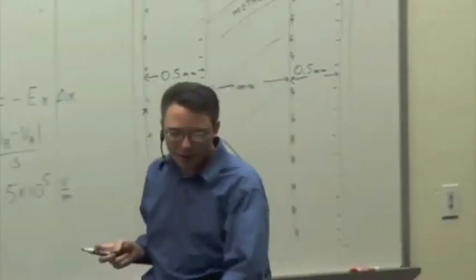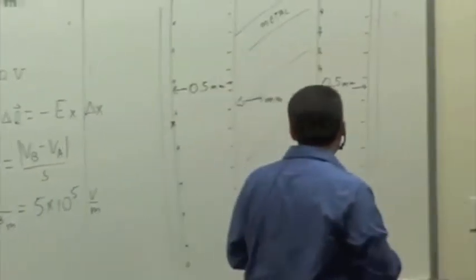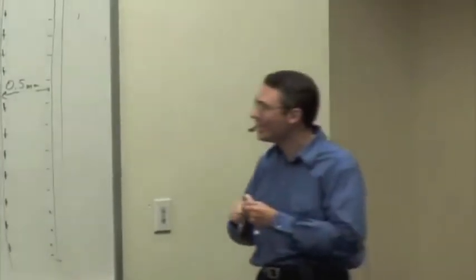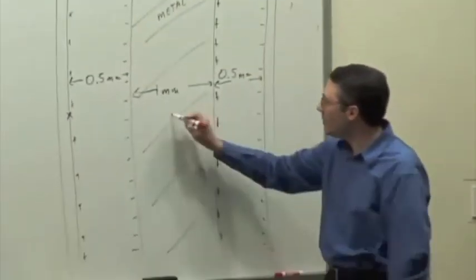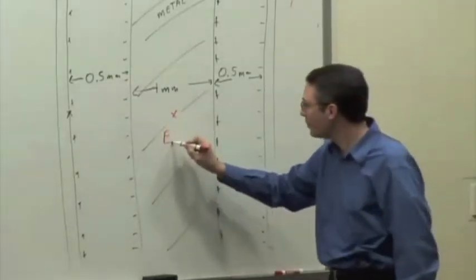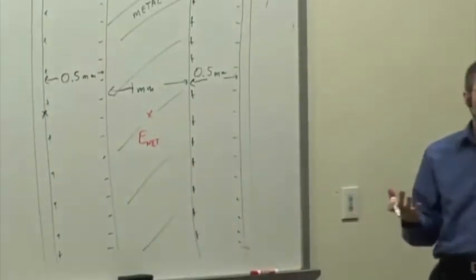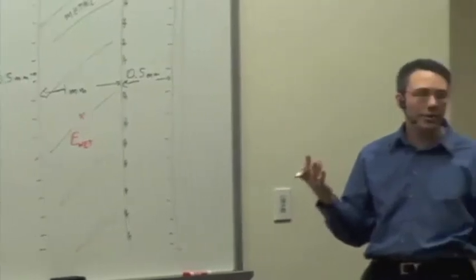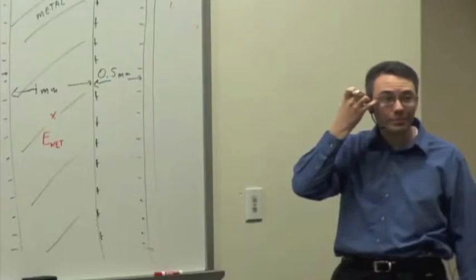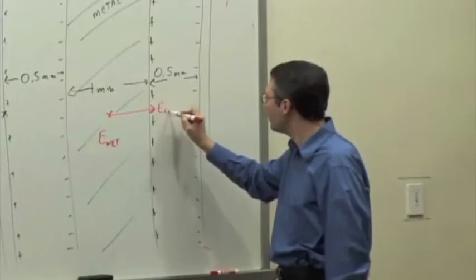Okay. So here's an idea that we should all be familiar with by now because it showed up on homeworks and quizzes and again on the tests, right? What is the net electric field inside the metal? 0. Okay, so E net is equal to 0. But that net electric field is due to two contributions, right? We still have the electric field of our original capacitor, which is pointing in what direction? To the right. So I'll say this is E of the capacitor.